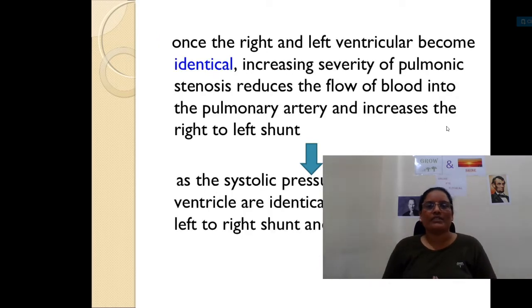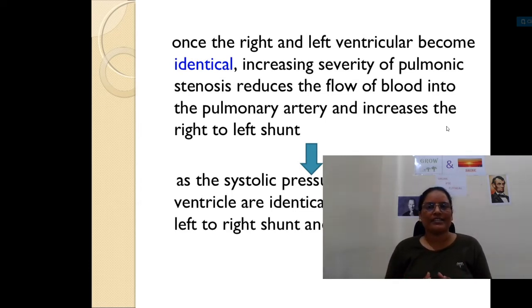Then once the right and left ventricle become identical, how? Right ventricle pours blood into the left ventricle, and after some time the right and left ventricle become equal and there is equal pressure in both.